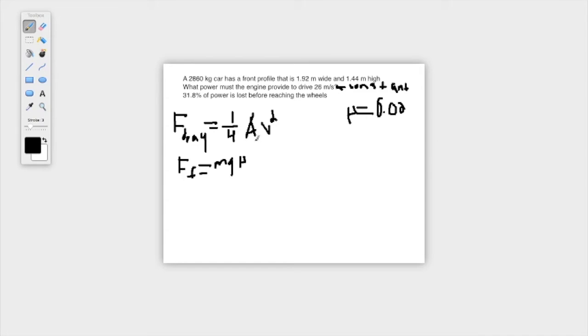Force drag and force friction are acting in the same direction, right? Because they're both resistive forces. Like when the car is moving this way, drag and friction are going to slow it down this way. The main point is these are in the same direction, so you can add those two up to get a net force.